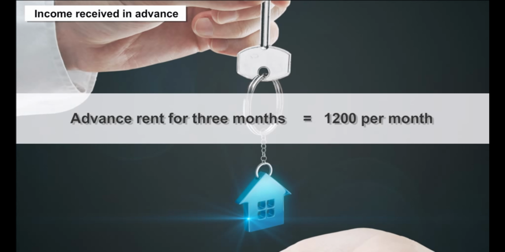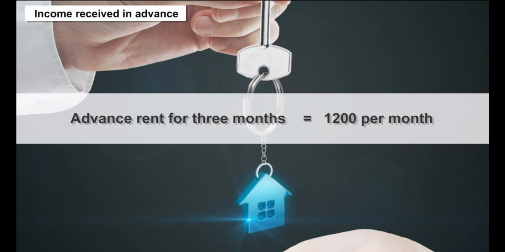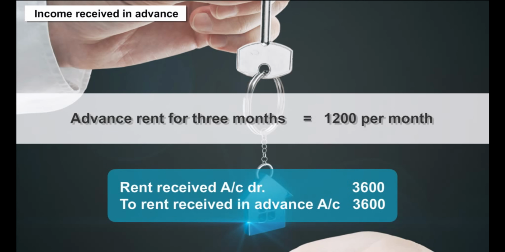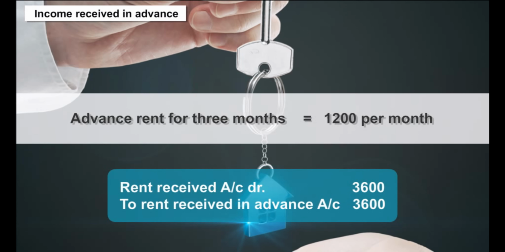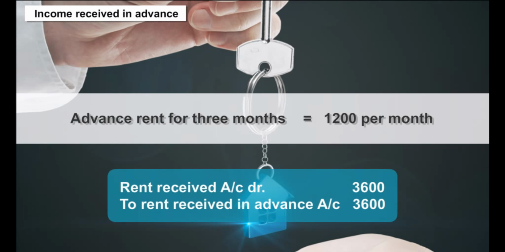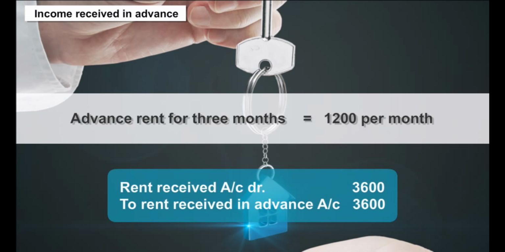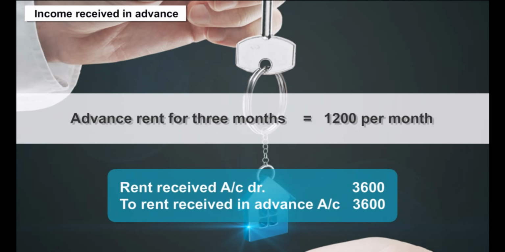So that advance rent will be recorded like this in the journal books of accounts. Rent received account debited 3,600 to rent received in advance account 3,600, and it will be shown as liability in the balance sheet.